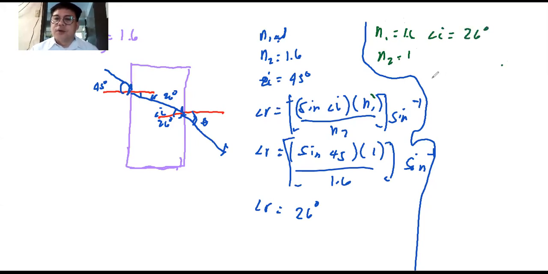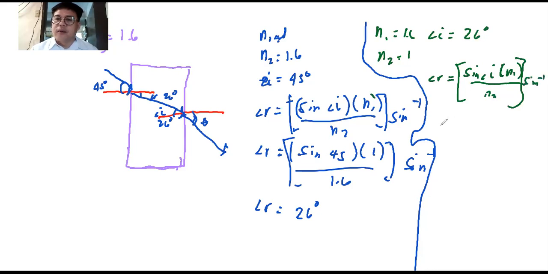So let's solve. Your angle R will be equal to sine inverse of sine of angle I multiplied by N1 all over N2.